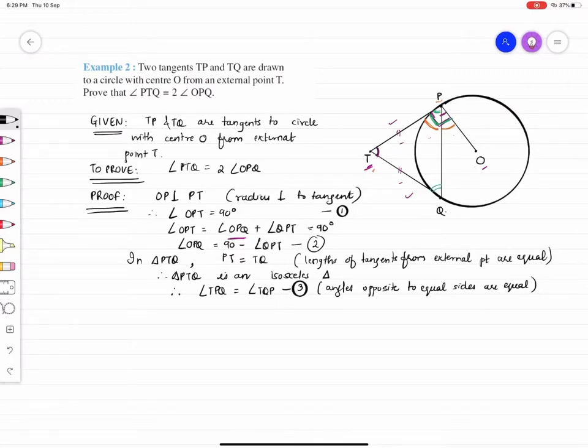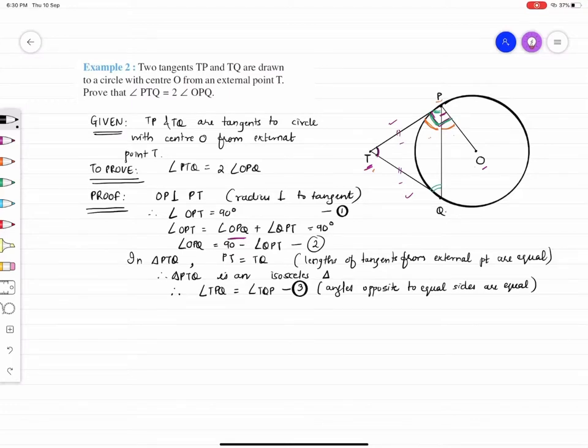But still we are not finding a connection between PTQ and OPQ, right? But there's another property that we know about triangles, that is the sum of the angles of a triangle, which is 180 degrees. So if we express the sum of the angles of this particular triangle, then maybe we can get a connection.